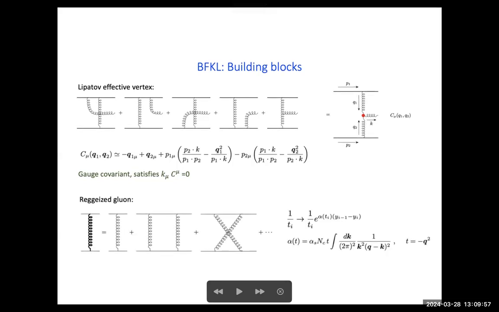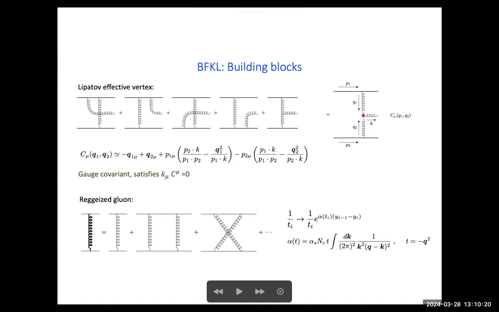The other contribution, which is this Reggeized gluon exchange, can be thought of as summing all possible such ladder diagrams, which correspond to these loops here. In principle, you have a two gluon exchange loop, and then you can iterate this to all orders.